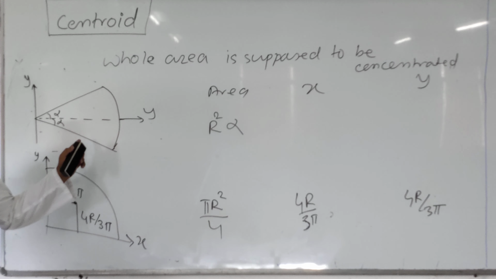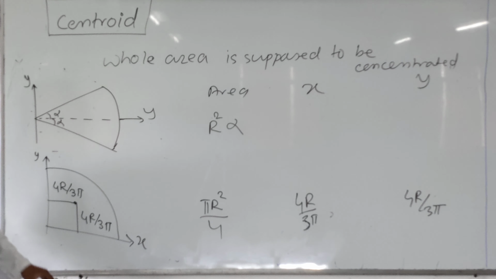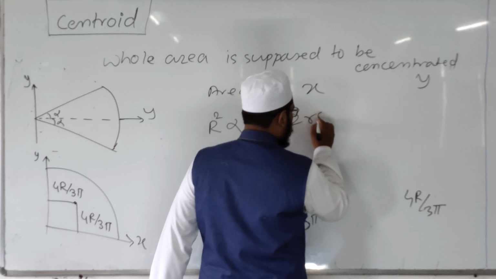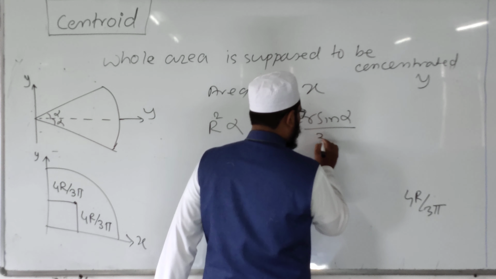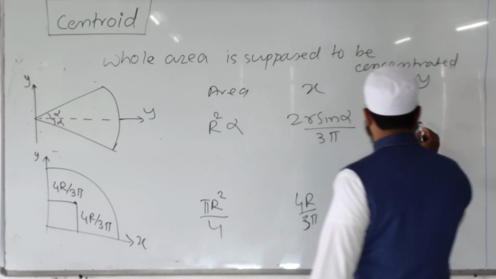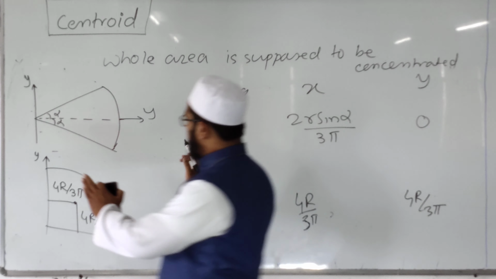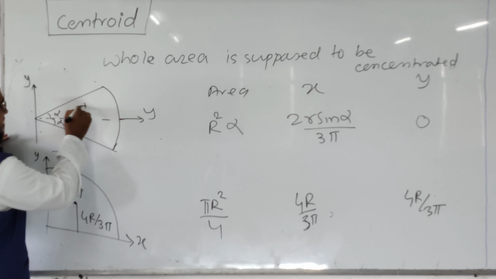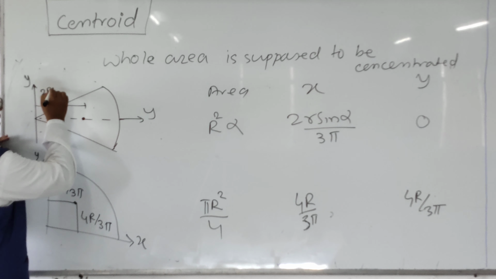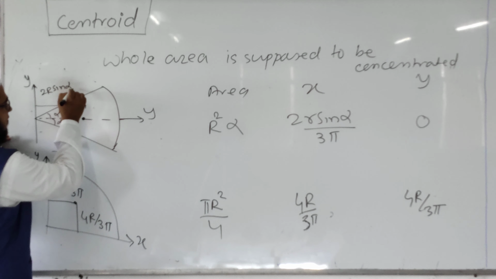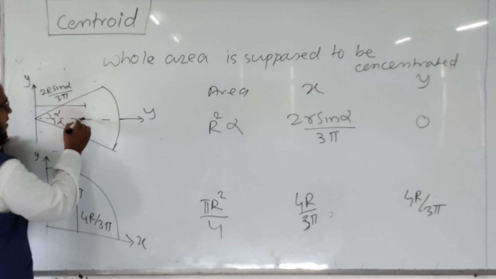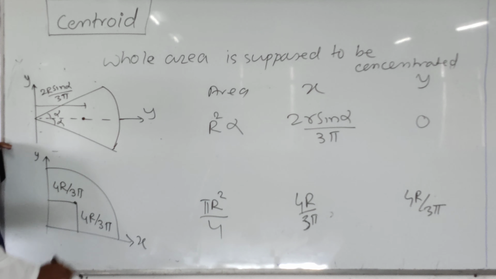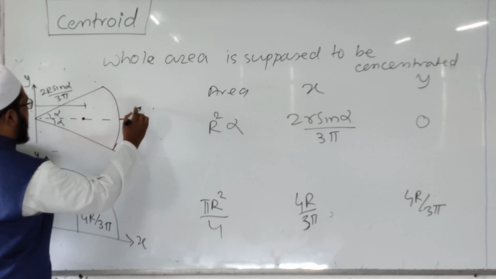and x is 2r sin alpha divided by 3 pi, and the y coordinate will be 0 because here it is lying at this point. This distance is 2r sin alpha divided by 3 pi, and y is the distance measured from x axis.